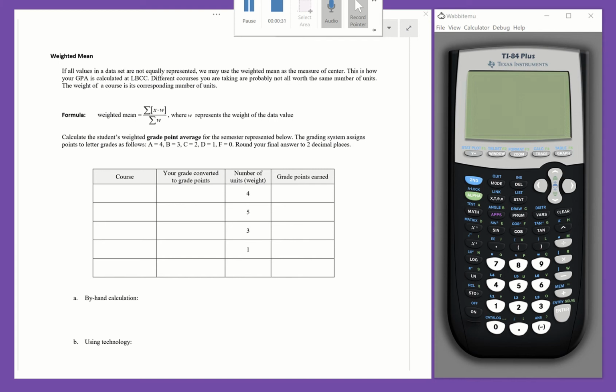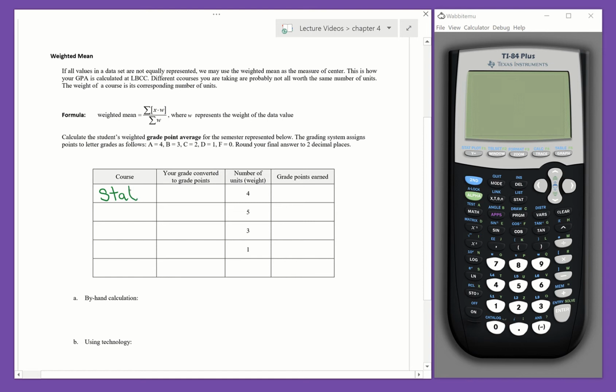So we're just going to make up a little example here, and I'm going to start with the fact that since you're watching this video, you are obviously taking statistics, and you'll see that our class is 4 units. So at the end of the semester, once you get your grade, you will see that each letter grade earns you a certain amount of points.